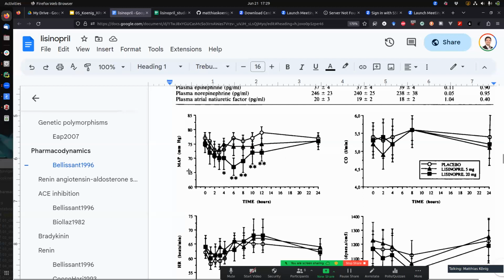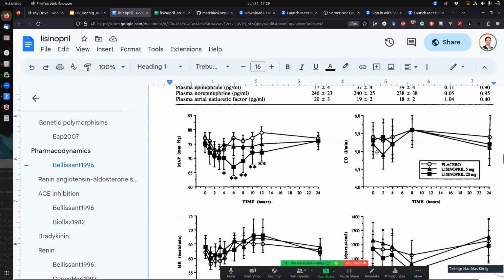This is pretty good. The mean arterial pressure is closely related to the systolic and diastolic blood pressure. Here we can definitely see that after 8 hours or so, the 20 milligrams is doing something. But if you just compare the placebo and the 5 milligrams, you don't see too much difference. But you see some dose response effect here.